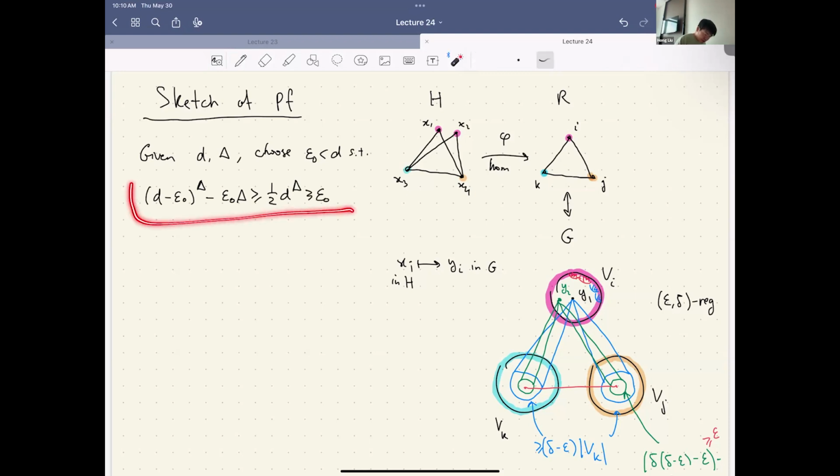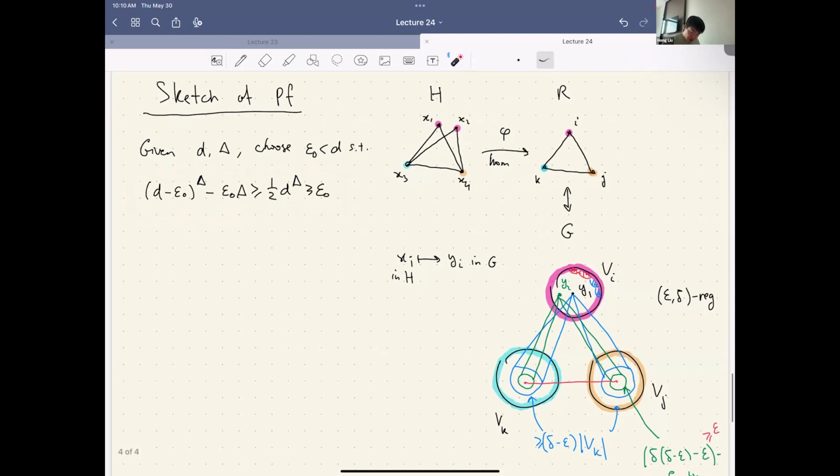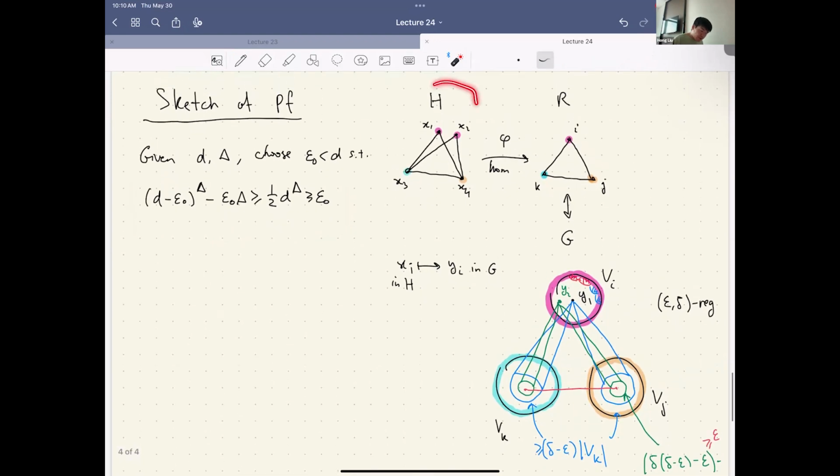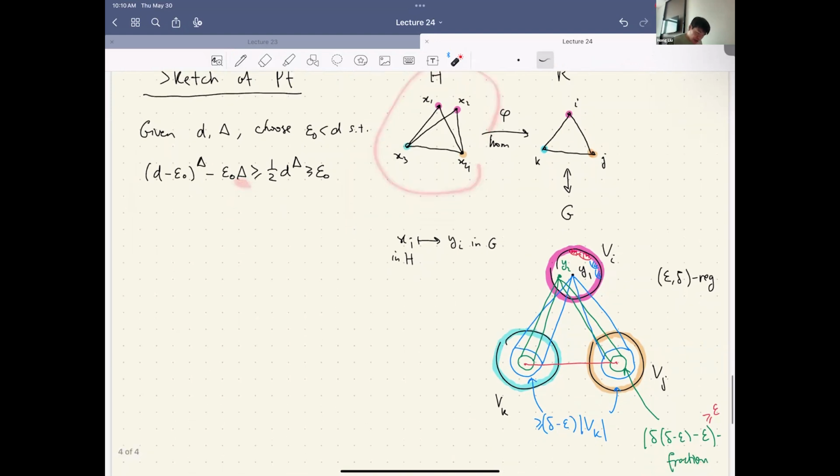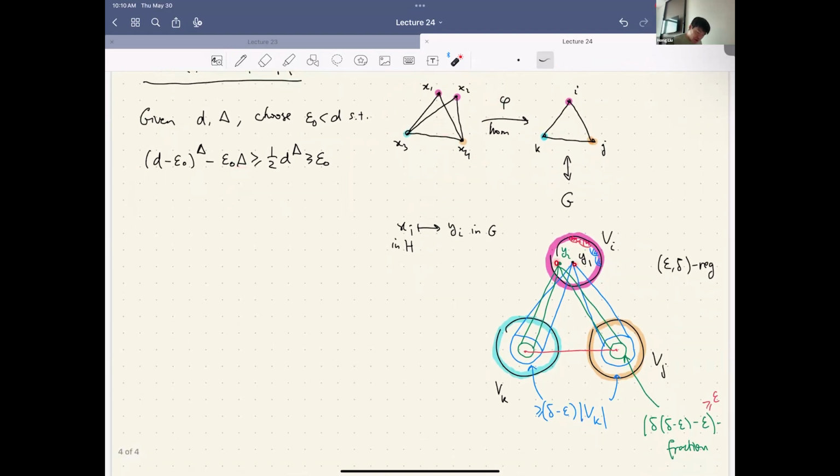And this condition inequality is to just make sure that not just for this diamond graph H, but for any generic graph H with bounded degree delta, after you embed greedily one step at a time according to the homomorphism, every time you zoom in and update the cluster, you get a smaller and smaller fraction, right?